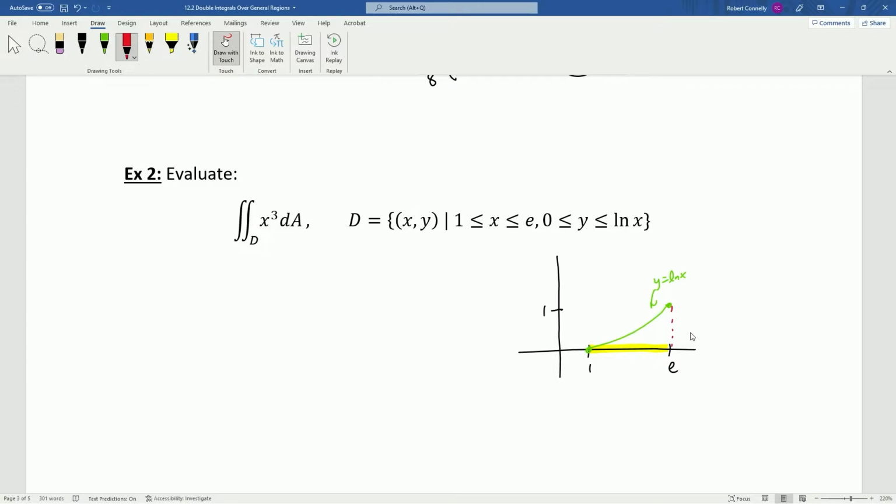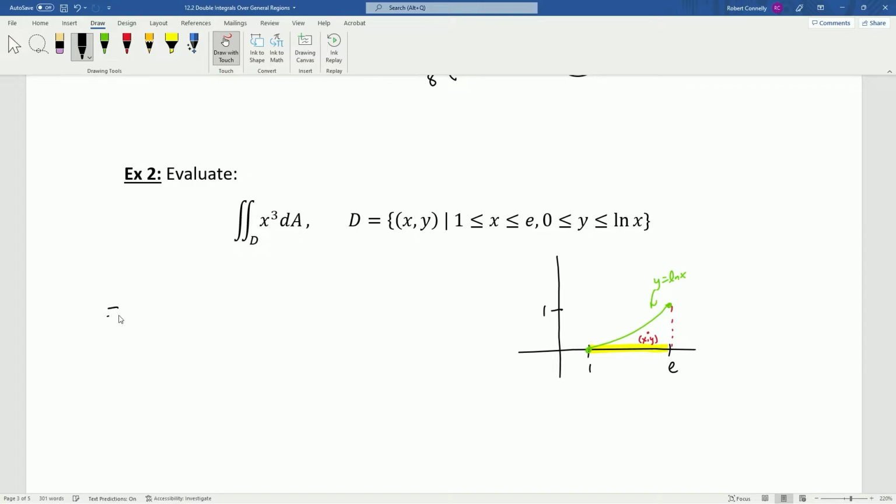So in this case, I think it's pretty straightforward what our boundaries should be. We've got our function, our values y. So when we look at x, y, x is always between these two fixed numbers, 1 and e. But for a given fixed x, the y value can be between 0 and all the way up to ln of x. So this one's pretty straightforward.